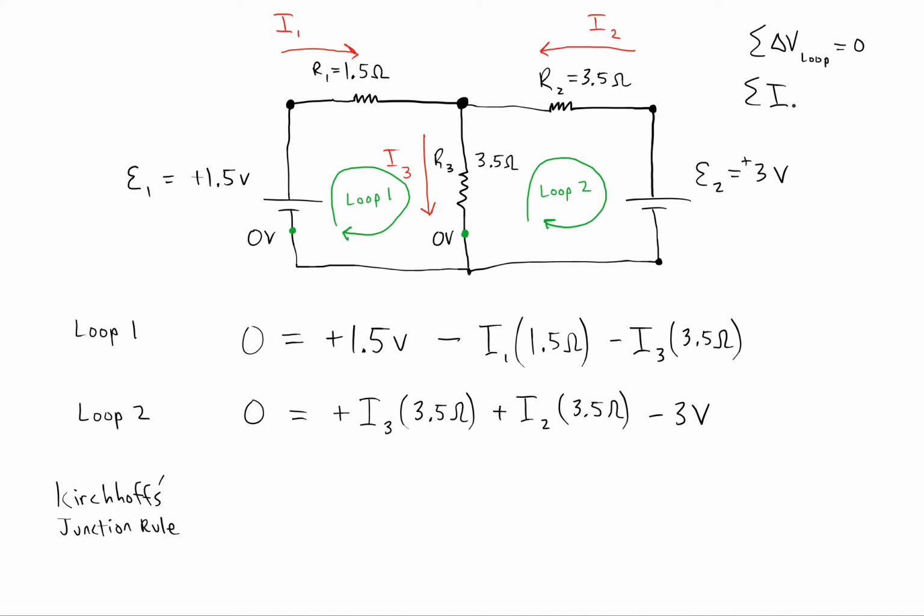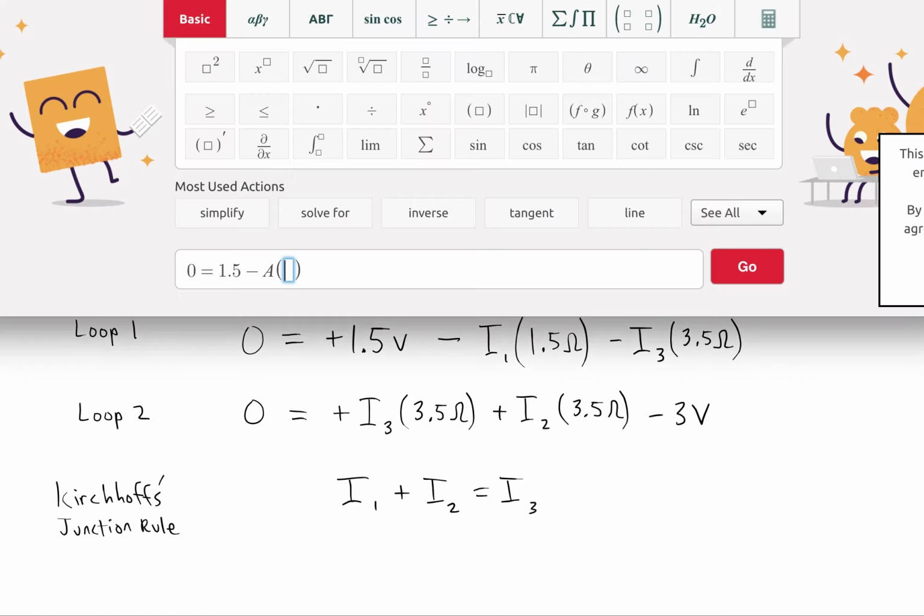Kirchhoff's junction rule says that the sum of the currents coming in has to equal the sum of the currents going out. So our equation to write will be I1 plus I2 equals I3. All right, and those are the equations that we want to solve algebraically to get I1, I2, and I3.